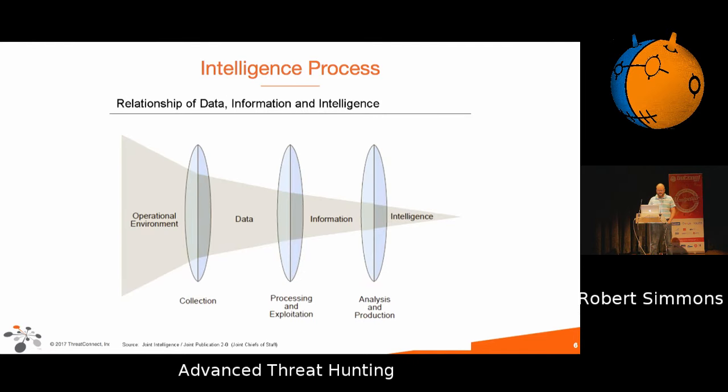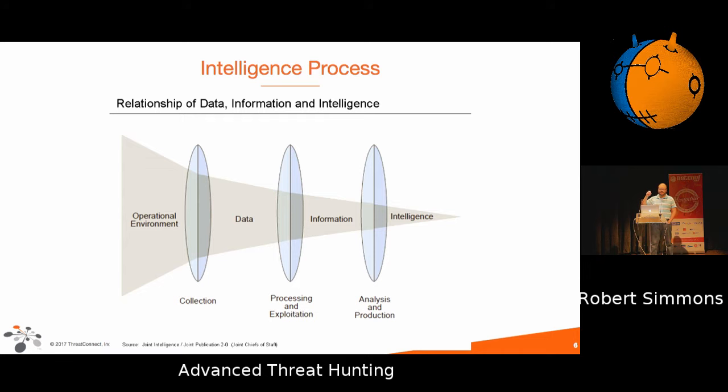So another way to look at the intelligence process is by focusing the data that you get from your operational environment down to something that can be consumed and interpreted in the form of intelligence. So one of the lenses that you use is collection.